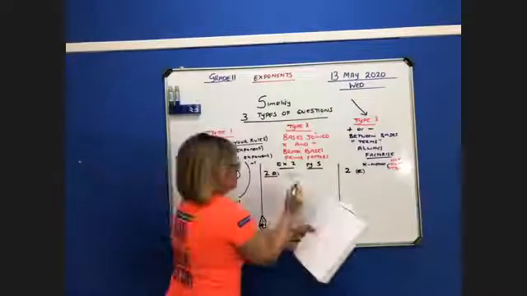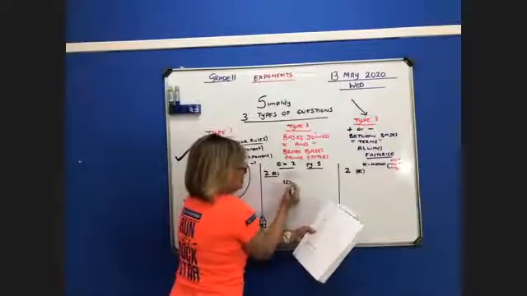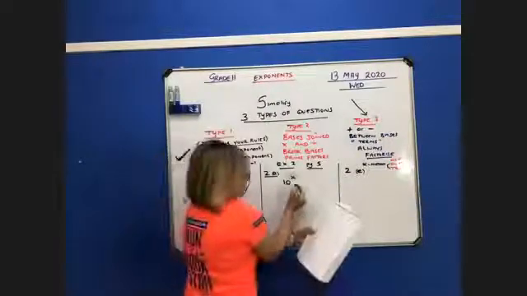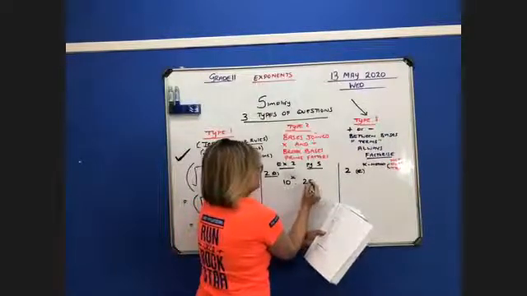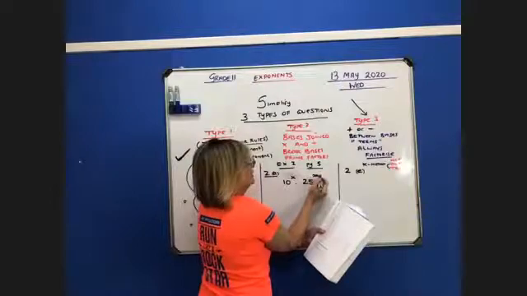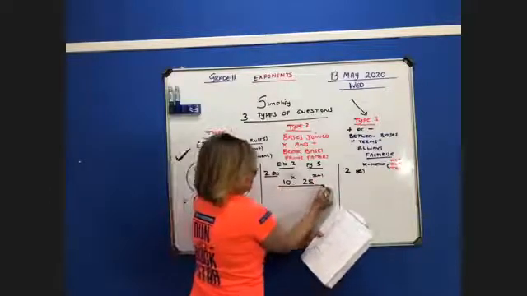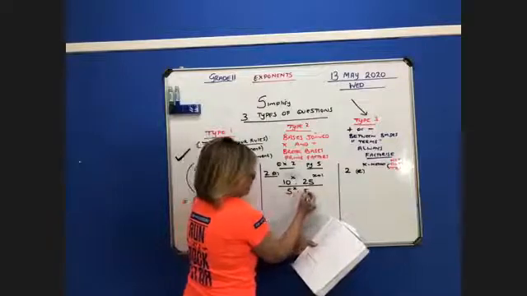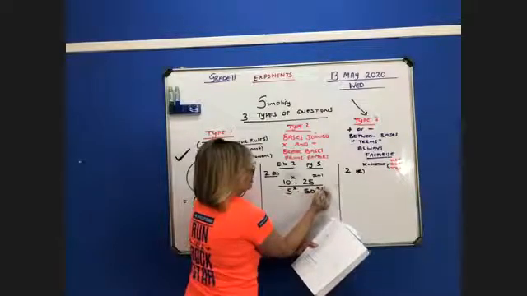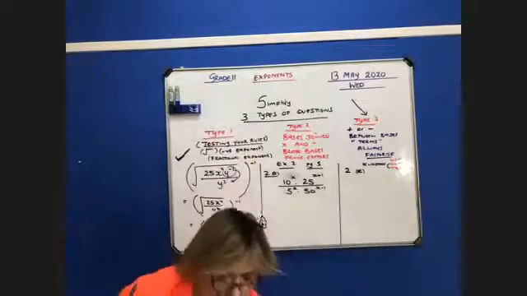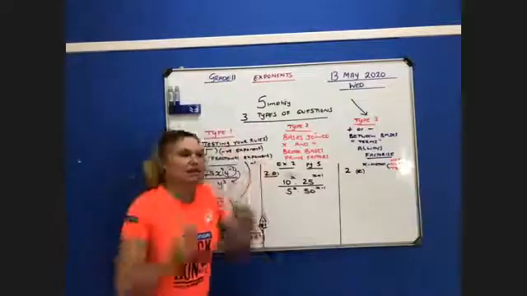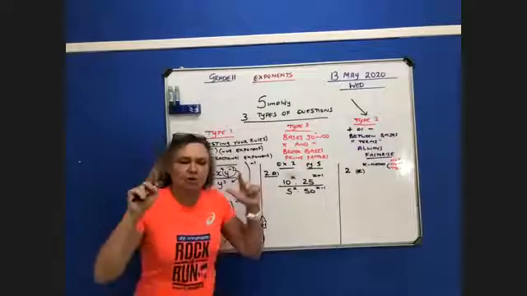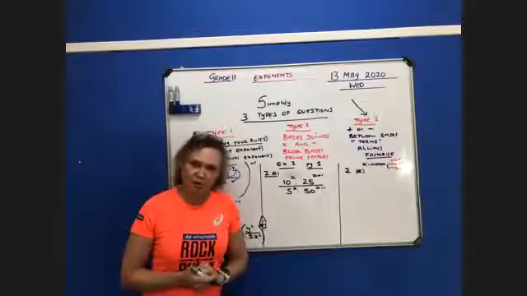So for 2A, we have 10 to the exponent of x, times 25 to the exponent of x plus 1, and that is divided by 5 to the x times the x minus 1. Now remember, they're going to say simplify, no calculators, and you leave your answer with positive exponents.